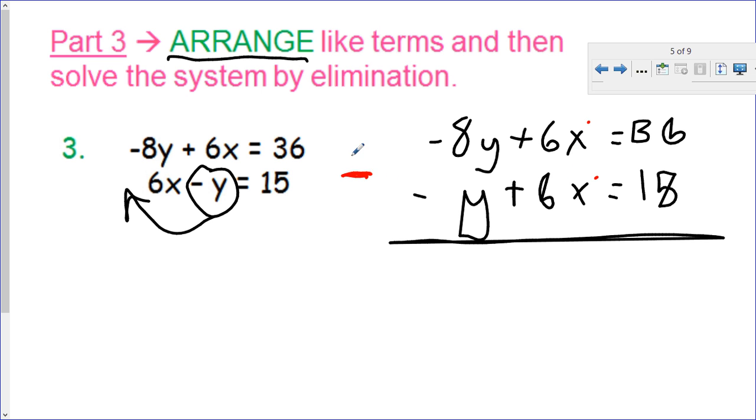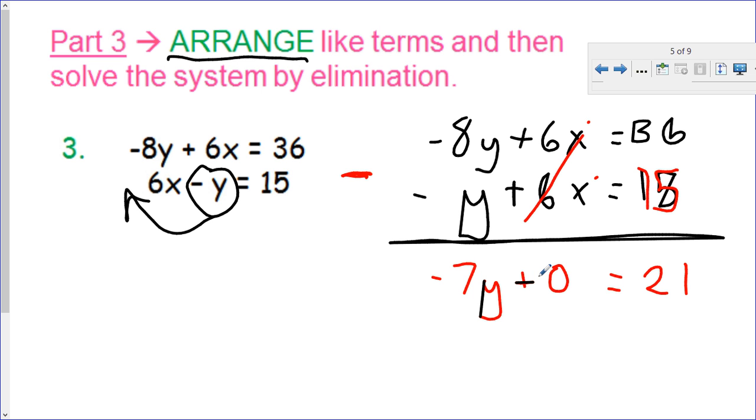So I'm doing subtraction for this problem. 36 minus 15 gives us 21. 6x minus 6x gives us 0. And then negative 8y minus a negative y. Really, I'm adding 1y, so I get a negative 7y. Please be careful as you subtract.